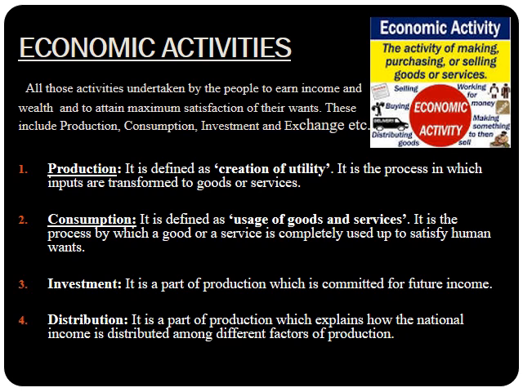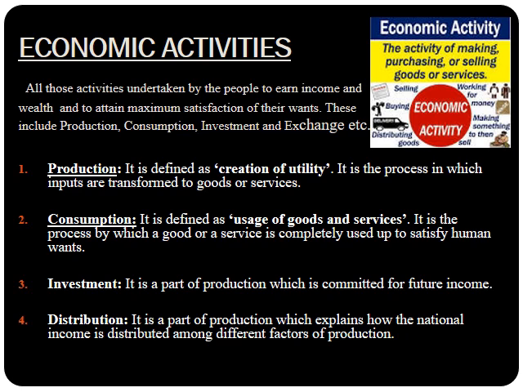Distribution is a part of production which explains how the national income is distributed among the different factors of production. As I already told you, all other economic activities are dependent upon production. So distribution is how national income is distributed among the different factors of production. When we talk about production, the raw materials or factors of production which are used in the process of production need to be paid.